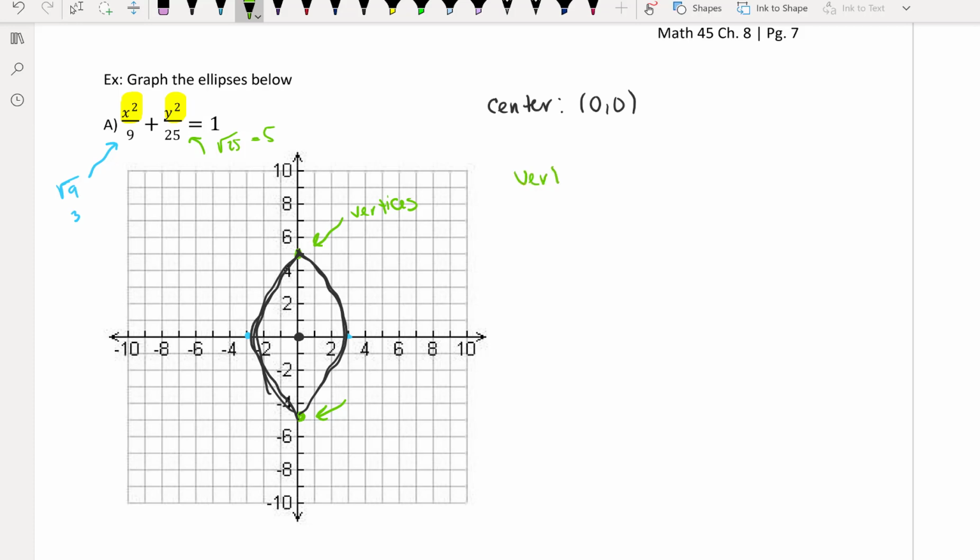So I can say that my vertices are plus or minus, it should be 0, comma, plus or minus 5. So then my co-vertices, the shorter side of the ellipse, is really plus or minus 3, comma, 0. Okay.